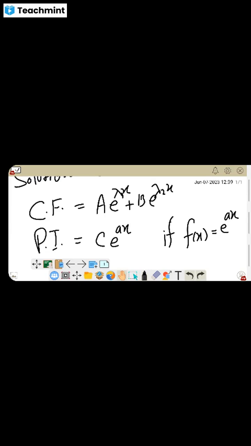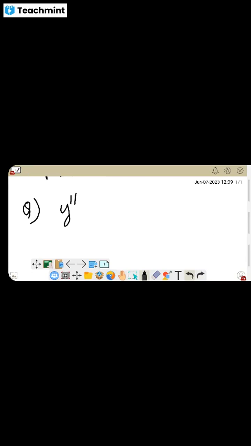So let us do a question to understand this. We have the differential equation, y double dash, meaning second order, minus 6y dash, first order, plus 5y is equal to e to the power minus 3x.